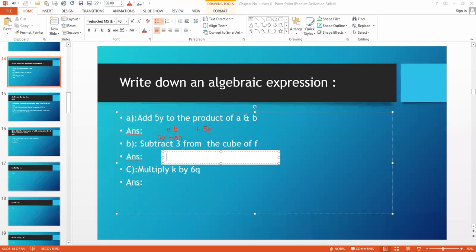Now they are saying subtract 3 from the cube of f. So we have to write f, and its power is 3. So we write f cubed minus 3.